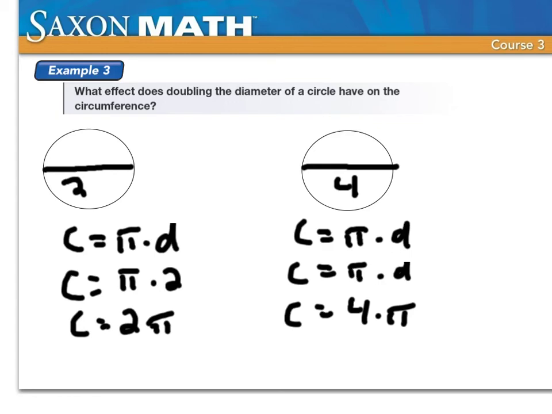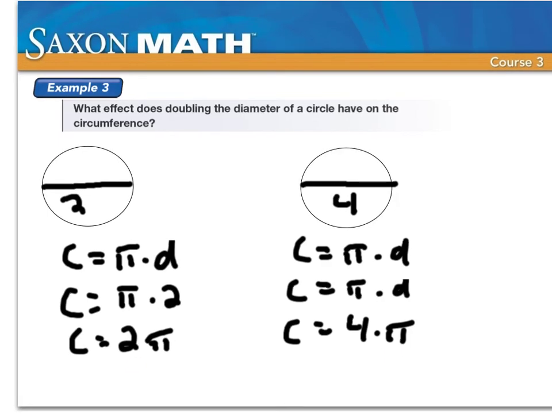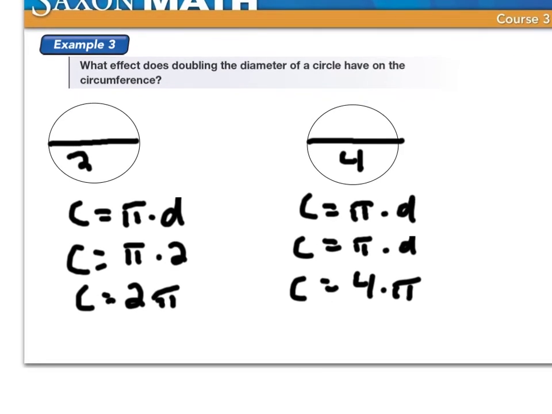Well, what happened? We have 2 times pi and 4 times pi. To get from 2 to 4, we doubled it. So our circumference has doubled when we double the diameter. Or sorry, doubling the diameter is doubling the circumference.